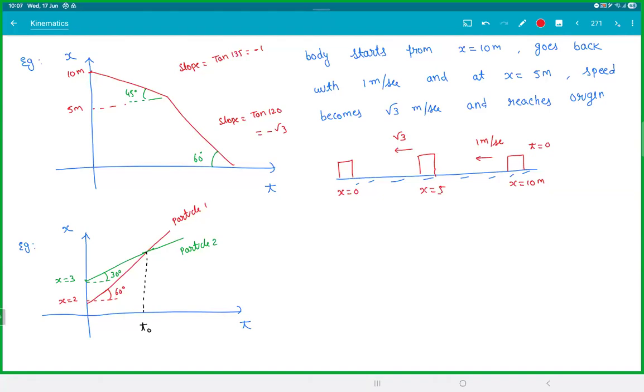So looking at a graph, you should be able to tell what happened with the body. So these things, they'll be framed as statement questions. I'll show you next one how they'll frame it as statements.